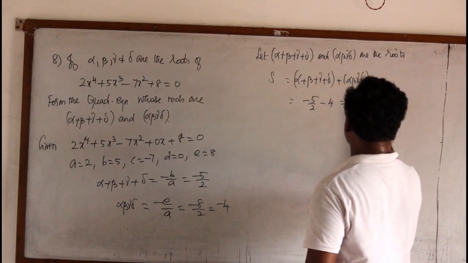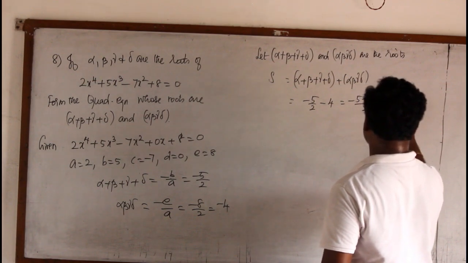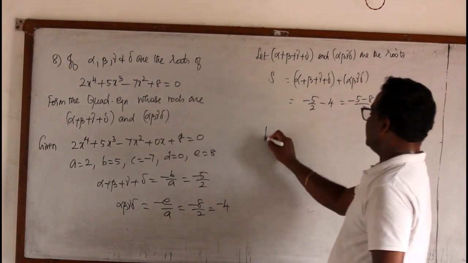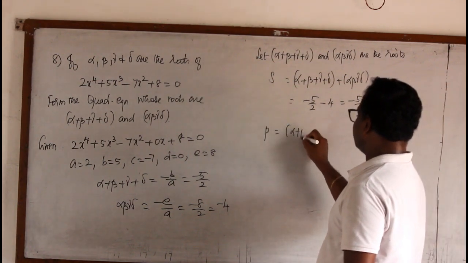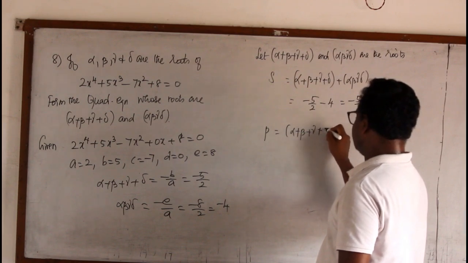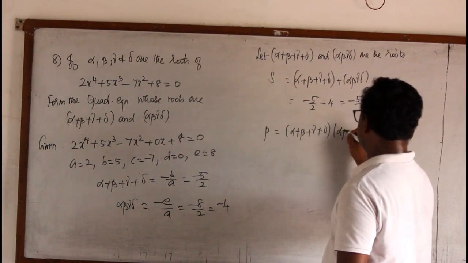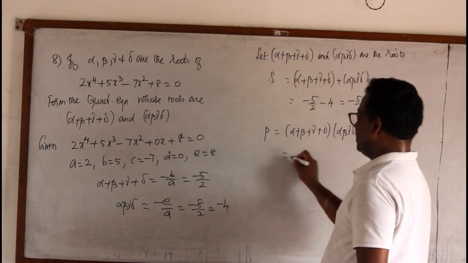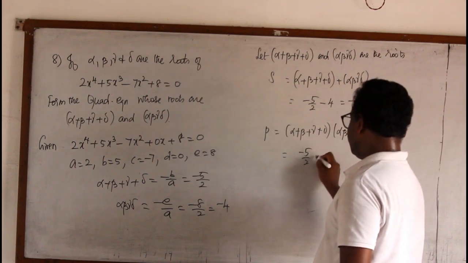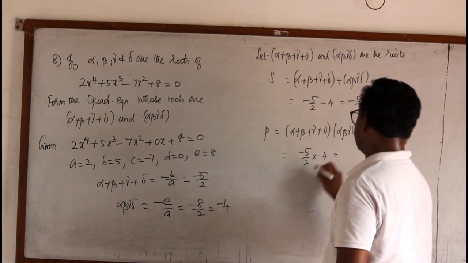It is (-5 + 8)/2, which is 3/2. Then the product is (alpha + beta + gamma + delta) into alpha beta gamma delta. That is again -5/2 into 4, which is -10.